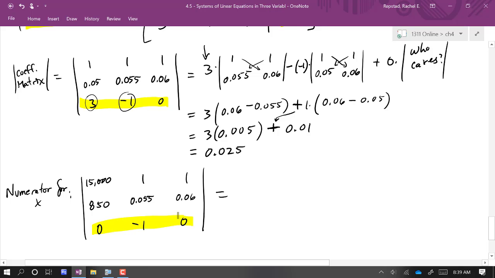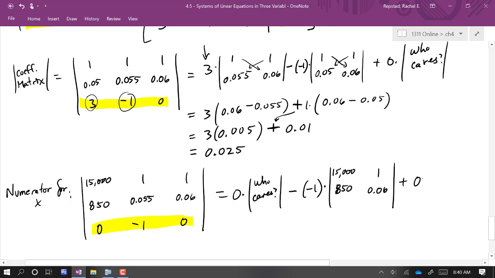I've got 2 zeros. So when we find that determinant and expand by cofactors, I start out with 0 times, you know, who cares what that determinant is, minus a -1 times the determinant of, let's see, what do we get when we eliminate that row and column? 15,000 or 15,850, and then the last column 1.06.